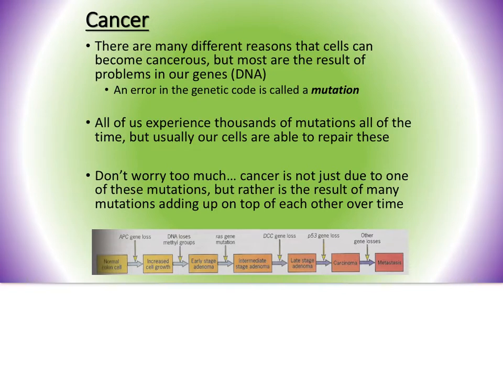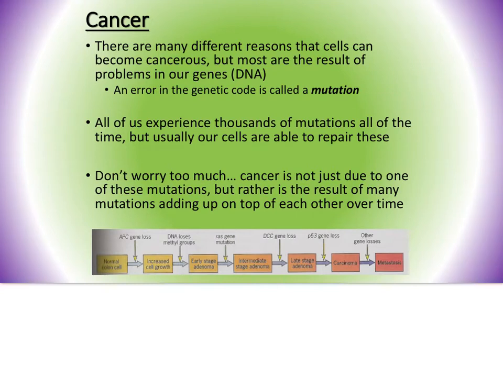Usually, our body is able to repair those mutations, whether you actually fix the cell or, in some cases, just remove that cell before it can become a problem. But sometimes that doesn't happen. Sometimes we don't fix those mutations, and those eventually can become a cancer.